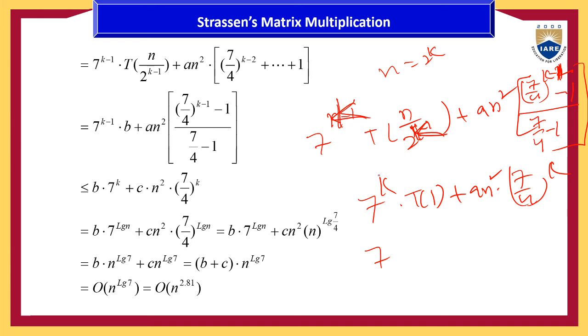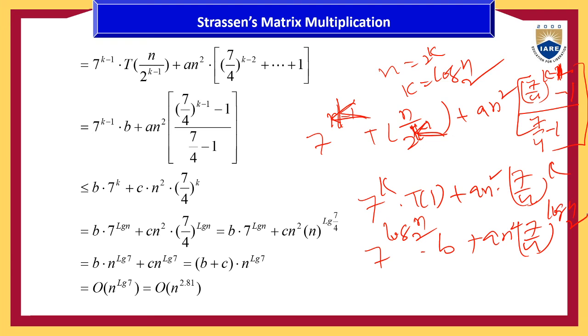n equal to 2 power k means k equal to log n base 2. So 7 power log n base 2 into T of 1 value, which is b, plus a n square, 7 by 4 power log n base 2, which is less than or equivalent to, so 7 power log n base 2 can also be written as n power log 7 base 2.